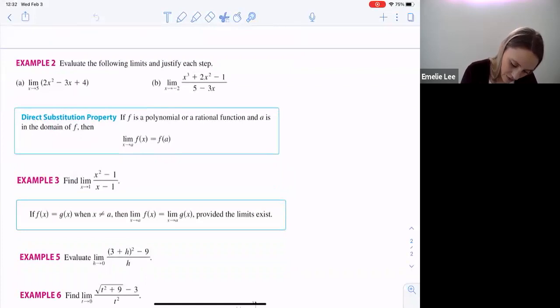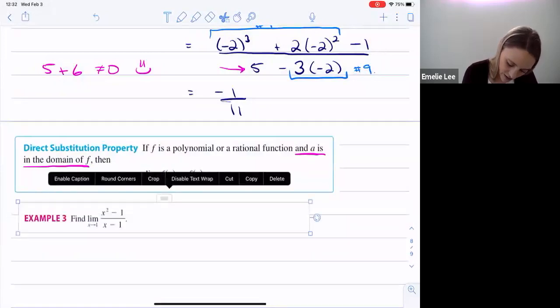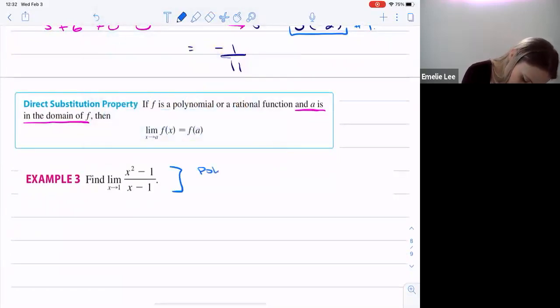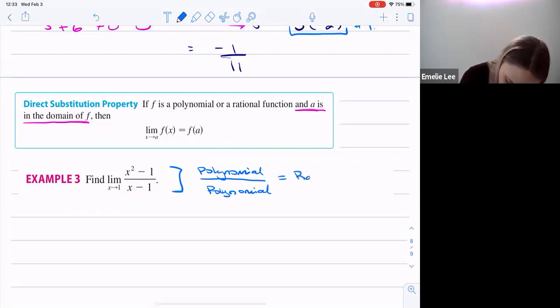Let's do an example here where it doesn't work right away, right? So here, this as a note is a polynomial over a polynomial. X squared minus 1 is a polynomial, x minus 1 is a polynomial, and a polynomial over a polynomial is a rational function.